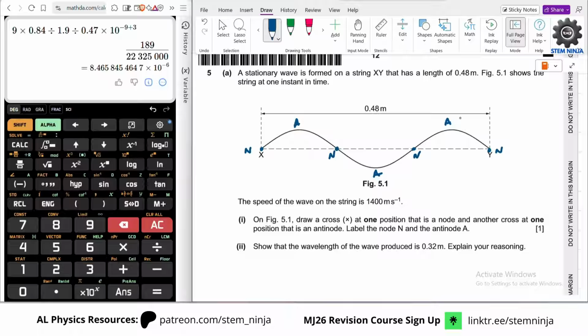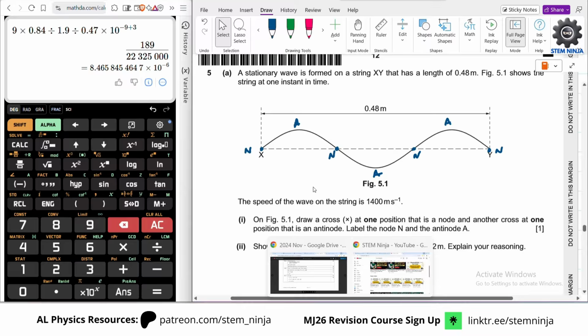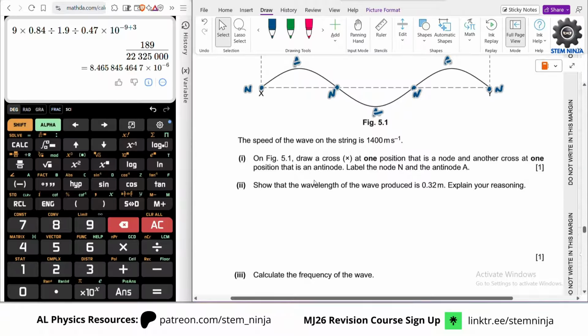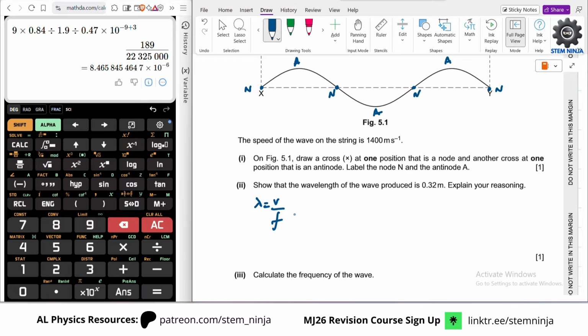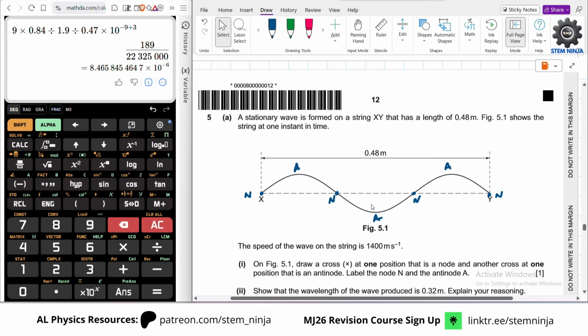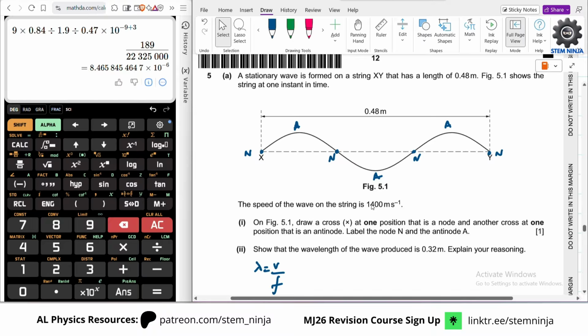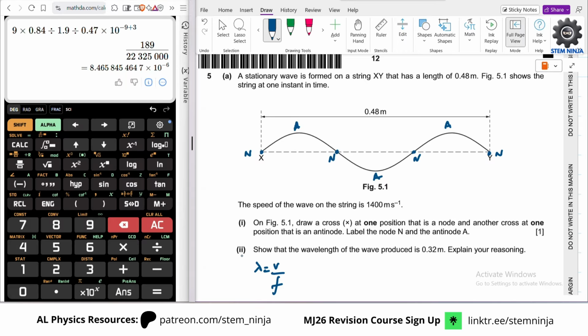Right, okay. Show that the wavelength of the wave produced is this. Okay, so wavelength is v over f. Do we have frequency? We have length. Oh, we don't have frequency yet, so we have to first deduce that. Explain your reasoning. Okay. Alright.